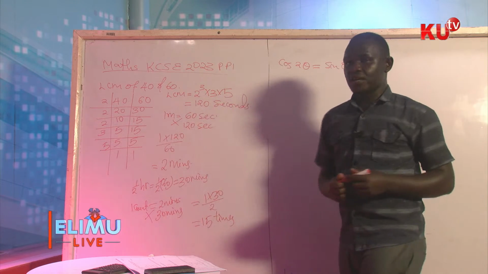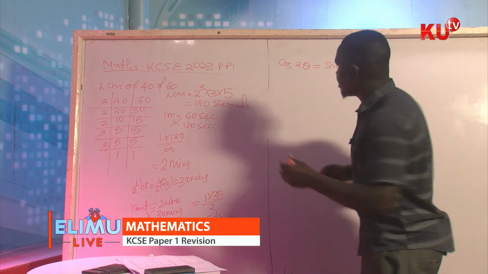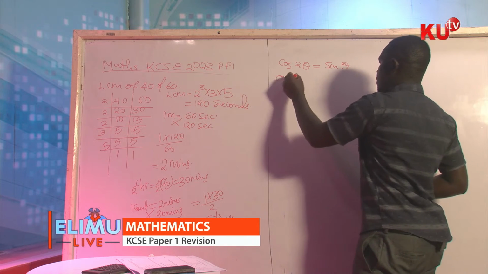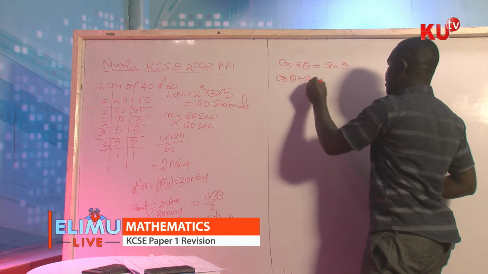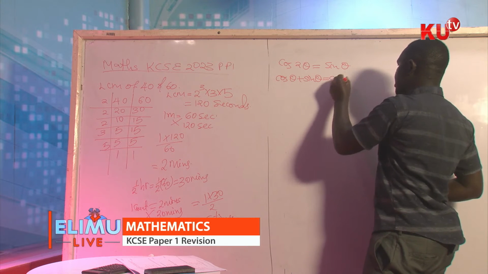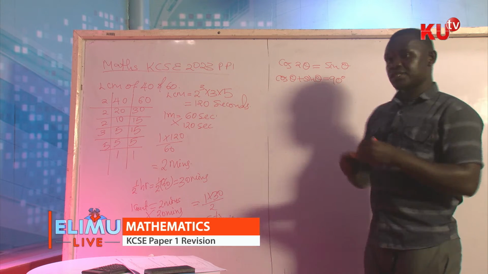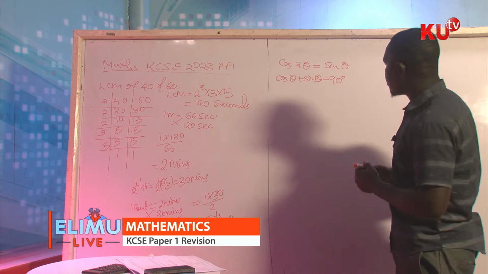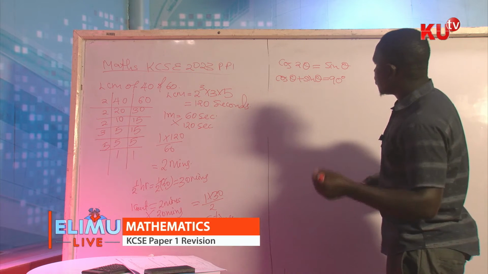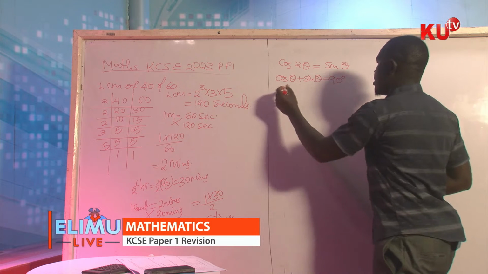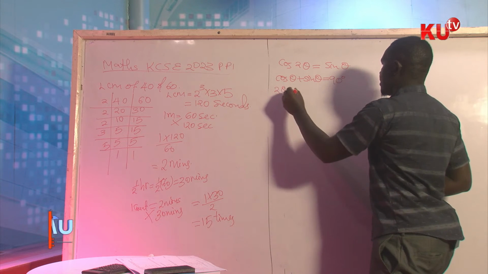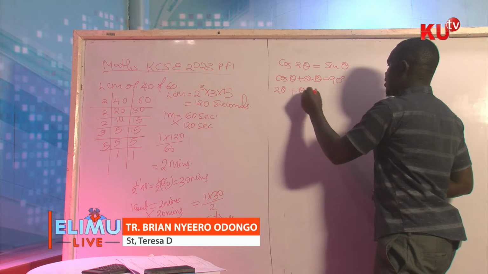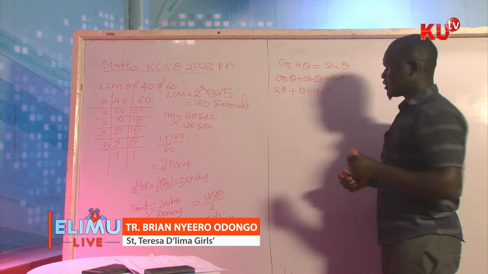Now, the identity rule that should come here is cos theta plus sin theta gives you 90 degrees. So that is the concept they are testing. Are you able to relate this concept? So how do you proceed? This will now be 2 theta plus theta equals 90 degrees.